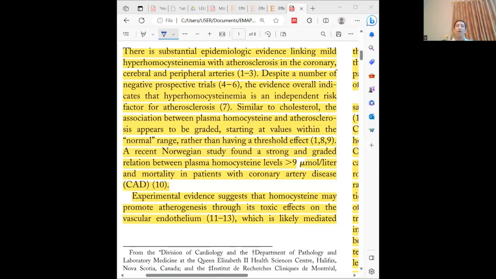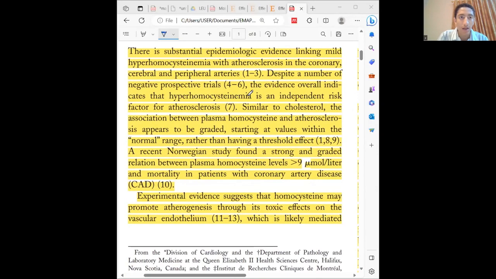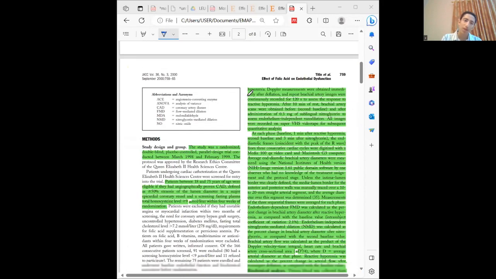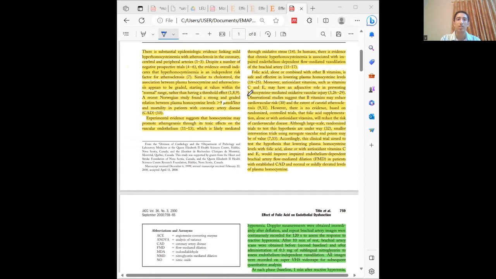Yes, sorry everyone. This one is the full text of the article.